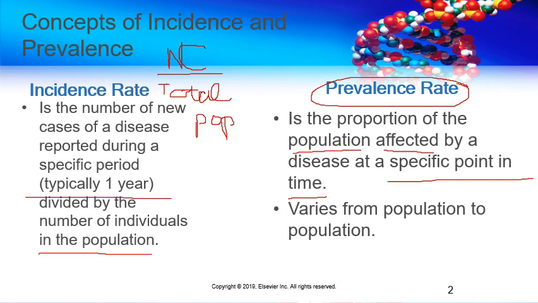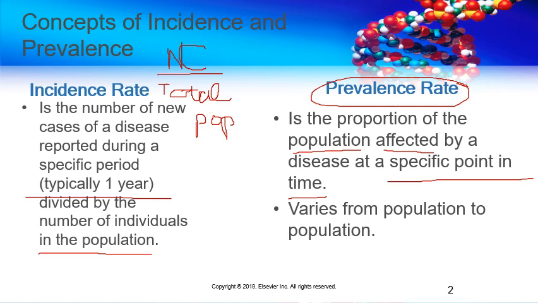Now, the prevalence rate of something like HIV or AIDS is going to be different than the incidence rate, because the incidence rate is the number of new cases. The prevalence rate is probably going to be higher because people with HIV and AIDS are living longer now. So it would have a higher prevalence rate than incidence rate, or we hope anyway.